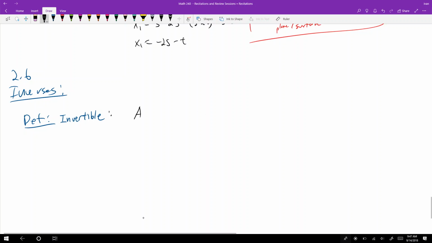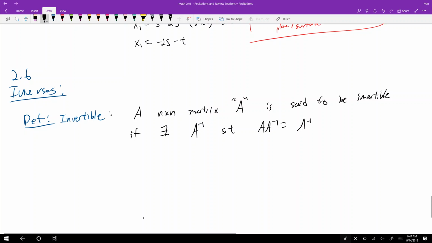So we saw a matrix, an n by n square matrix. An n by n matrix A is said to be invertible if there exists, that's the backwards E, an A inverse such that A times A inverse is equal to A inverse times A, which is equal to the identity matrix of n by n.